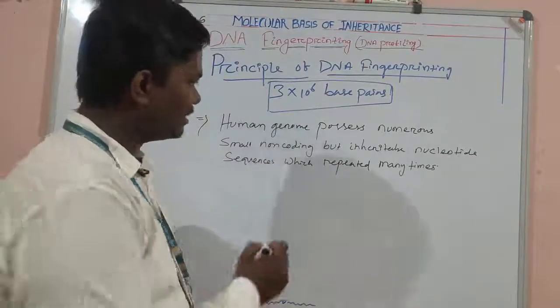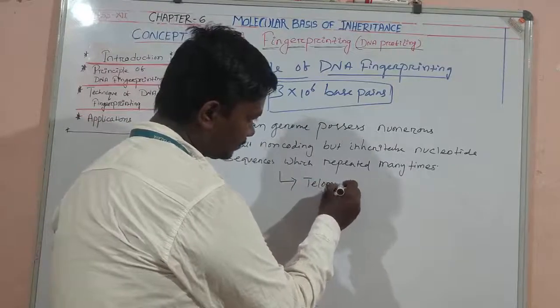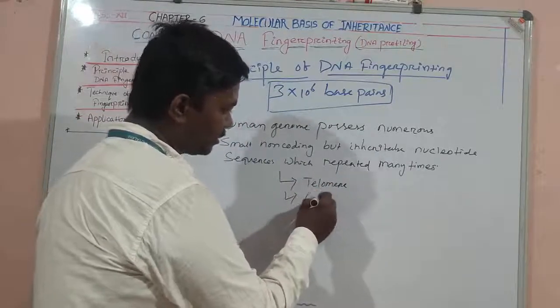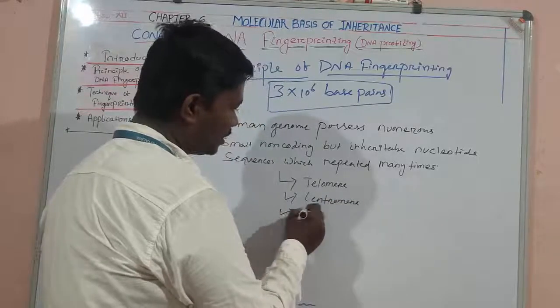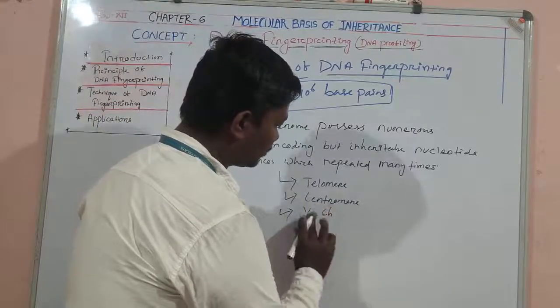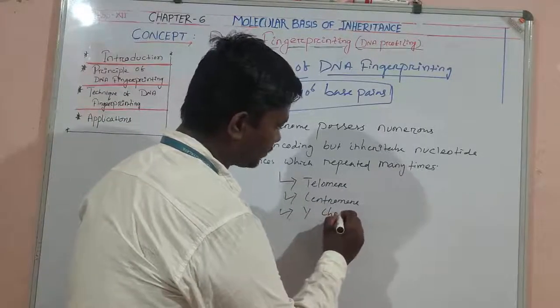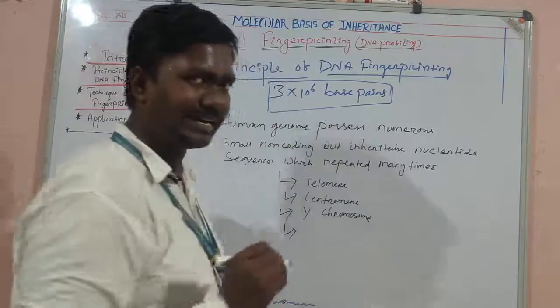These are present near the telomere, centromere, near the Y chromosome, and heterochromatic regions.